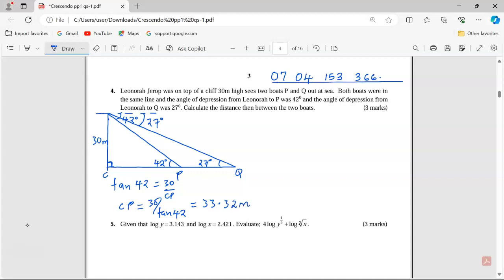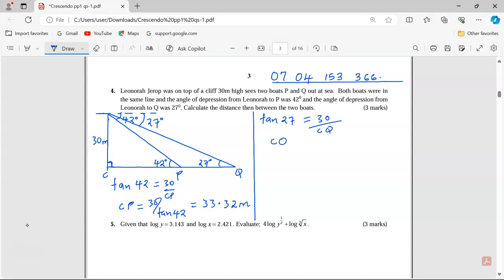Then again, we can talk about the distance from C to Q, using the same vertical height, and we will express the tangent of 27 degrees given by the opposite length 30 divided by the adjacent length, which is CQ.